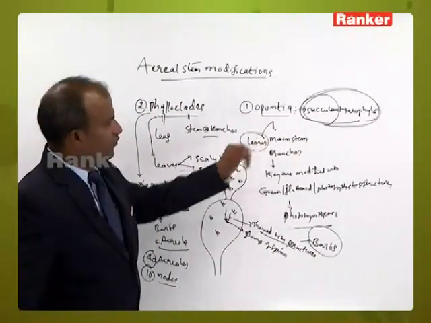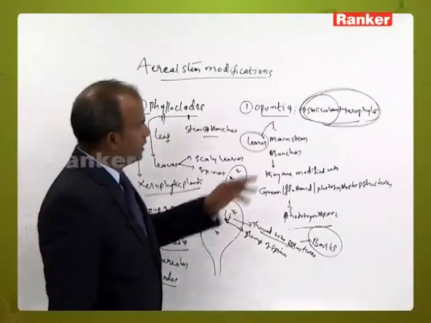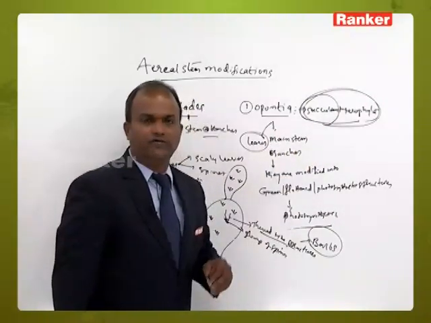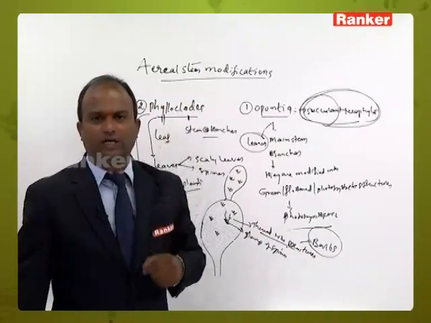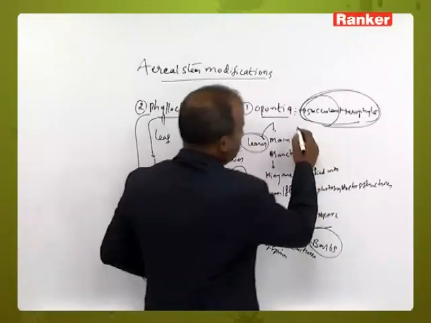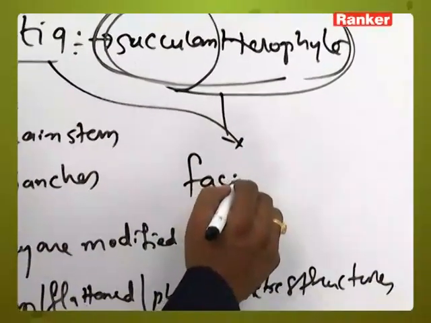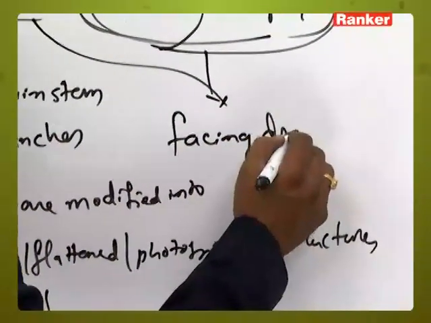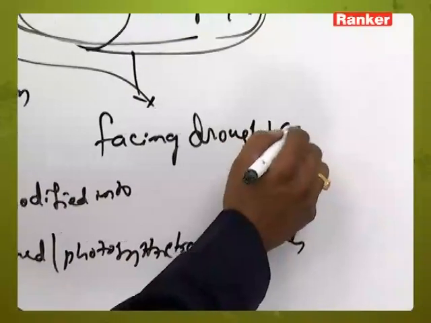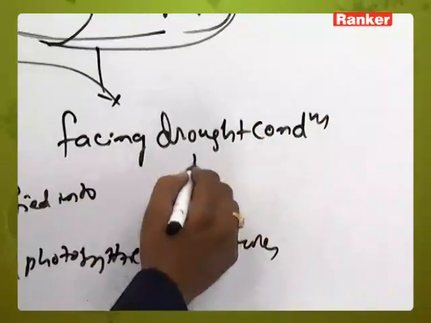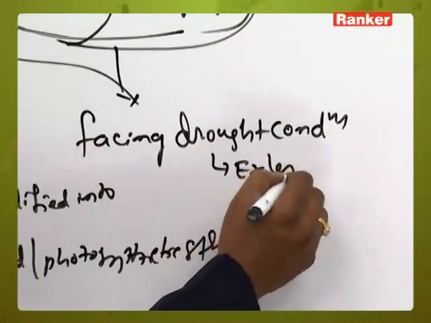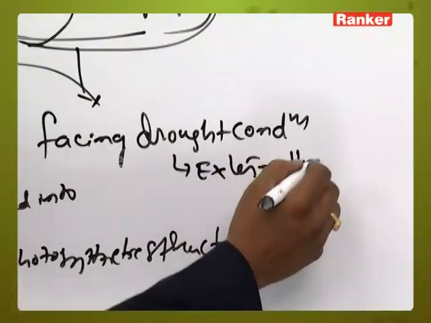And what happens is that these succulent xerophytes, that is, Opuntia, face drought conditions externally. They face drought conditions externally.